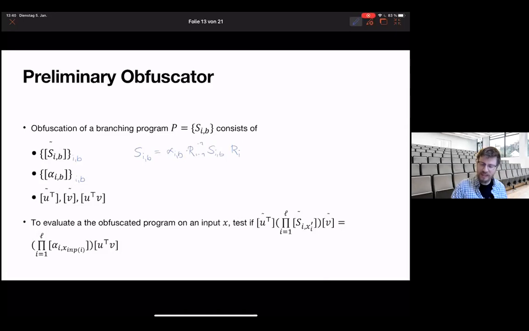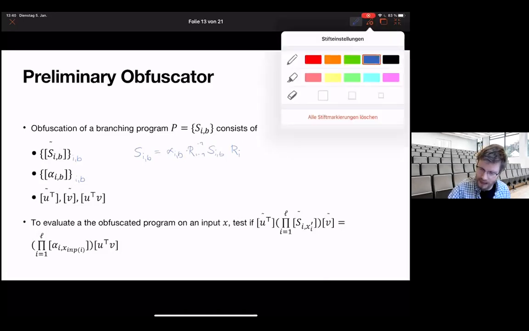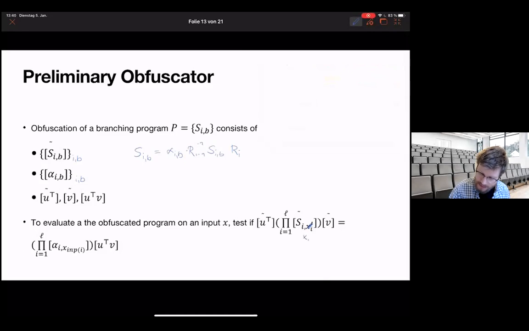Well, you give me an input x, and here this should be x_inp(i), and we just multiply all the S tilde_{i, x_inp(i)} together, multiply the left bookend U on the left, the right bookend V on the right, and then we test whether this is the same as the inner product of U and V that's already given up there, times this per-input randomization factor, which we can recompute from this thing here.